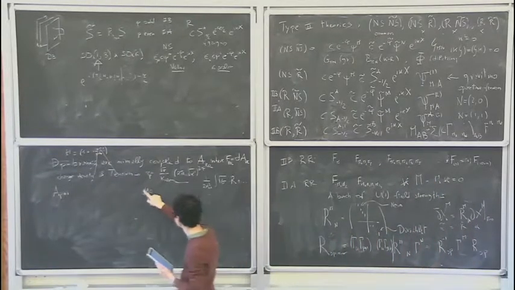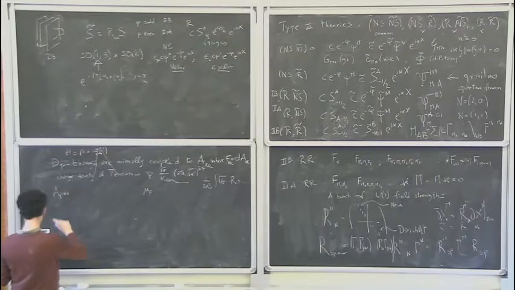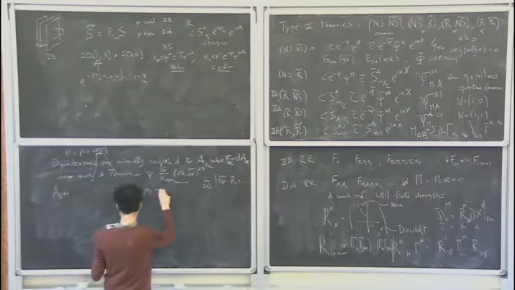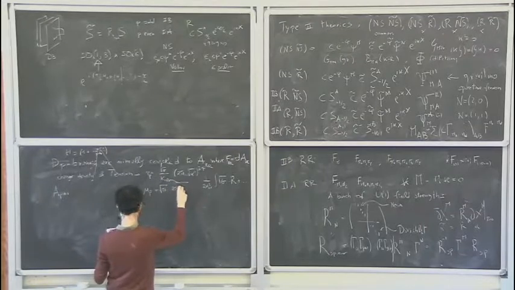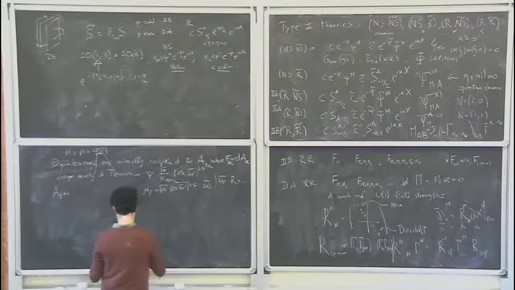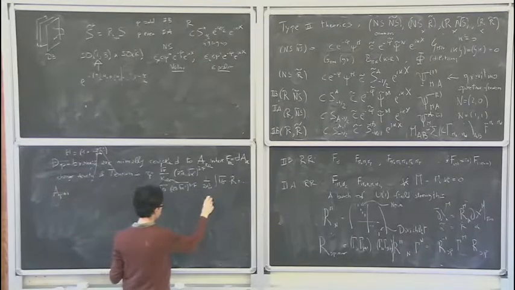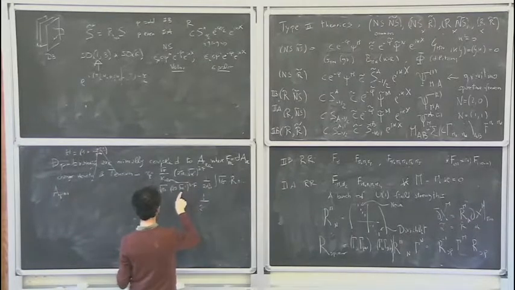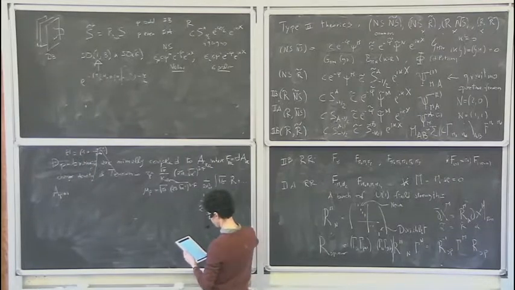So this charge mu_p is a charge under this field, and the form it takes is this, where the kinetic term of this p-form is normalized in the standard way.